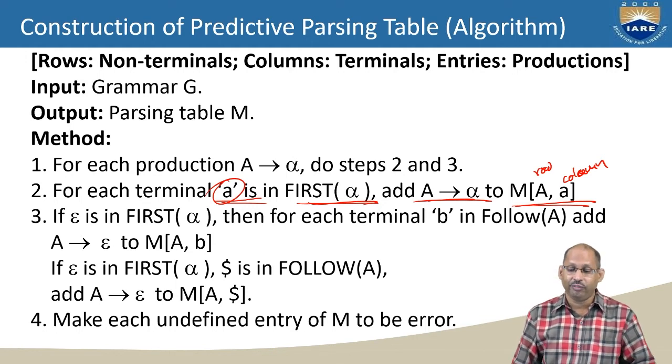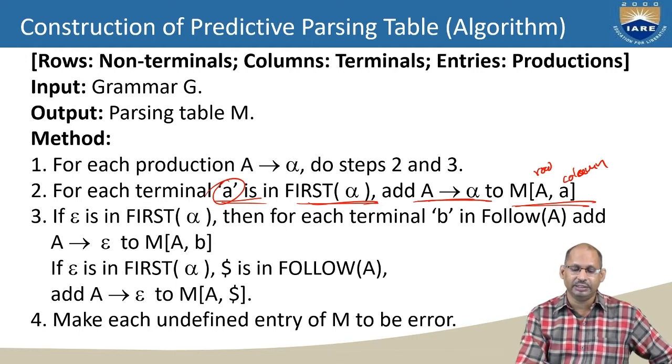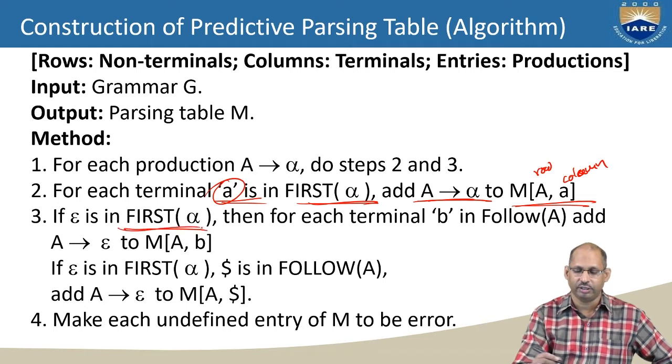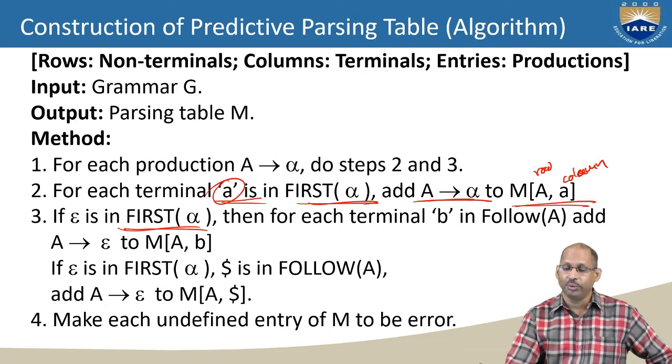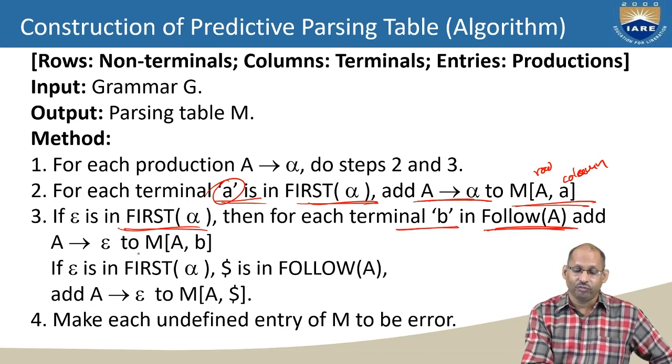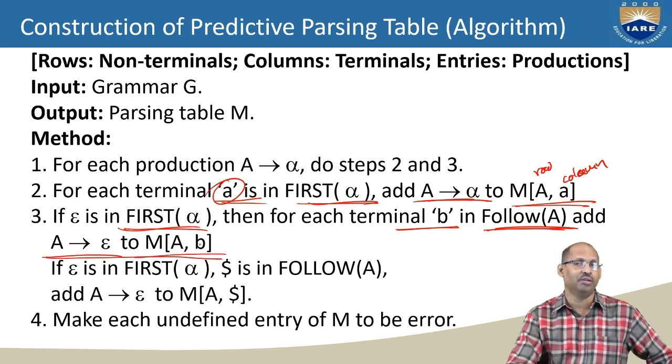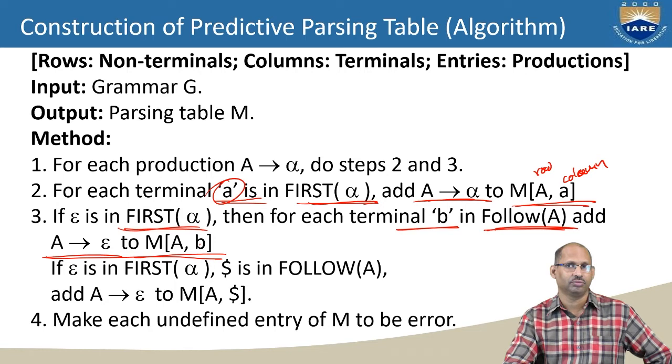Now, if epsilon is in the first of alpha, we must consider follow of A. If follow of A has a terminal b, we must write this production in the M[A, b] combination.